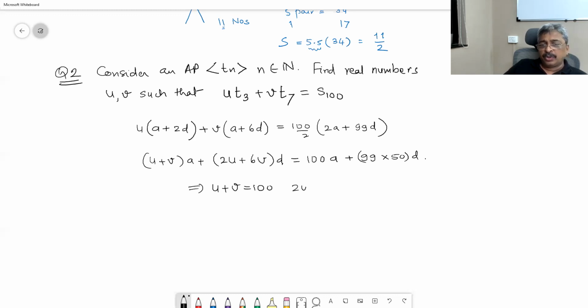And 2U plus 6V is equal to 99 times 50, which is 4950.